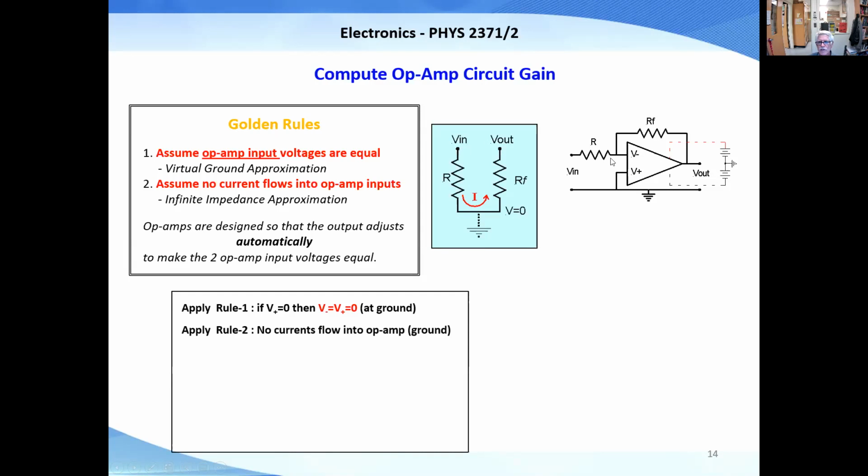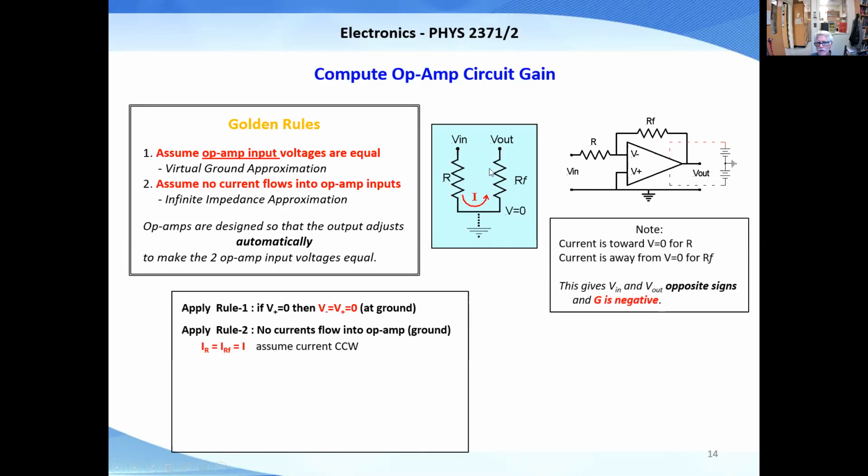Okay, no current flows into the input. That means whatever current flows through R flows through RF. Nothing flows into the ground or into the op amp. Just assume current going counterclockwise.